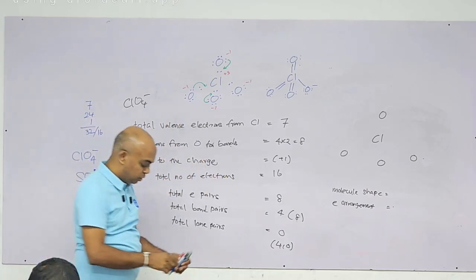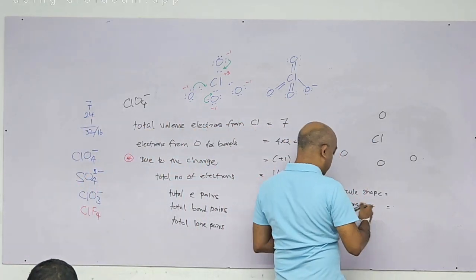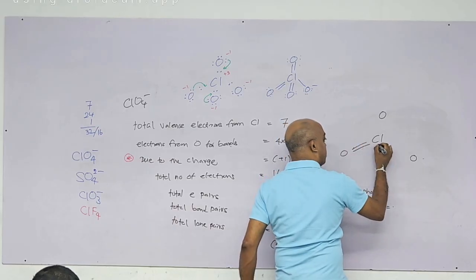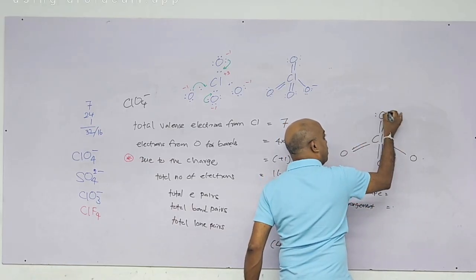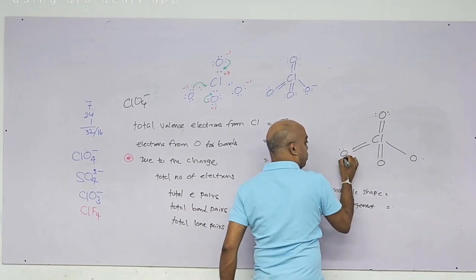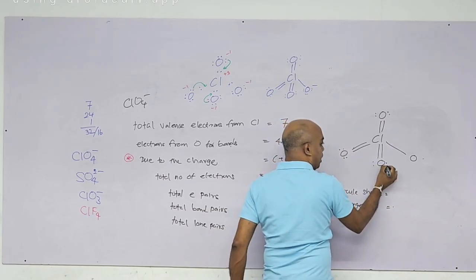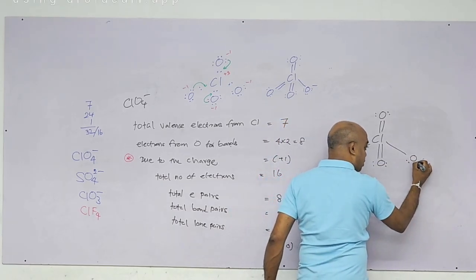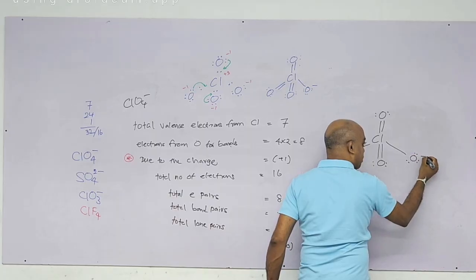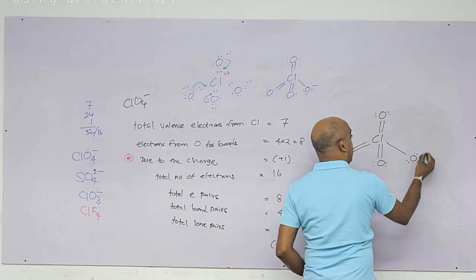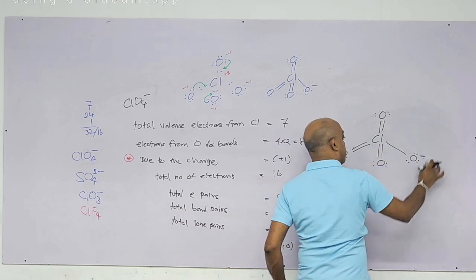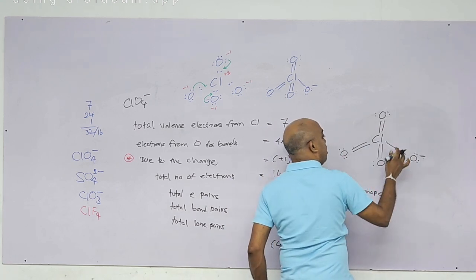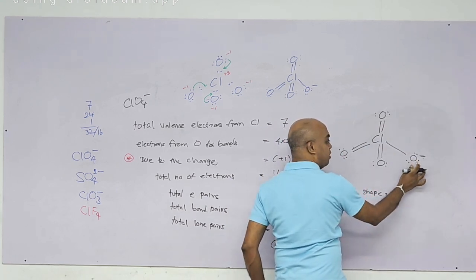Clear? So the shape is tetrahedral, then the bond arrangement is like this. So there will be 2, 2, 2 and 2. Here we have 3. Here we have 3 and the minus charge is here. I told you that a square bracket and charge cannot be taken out if the charge is in the leaf atom.